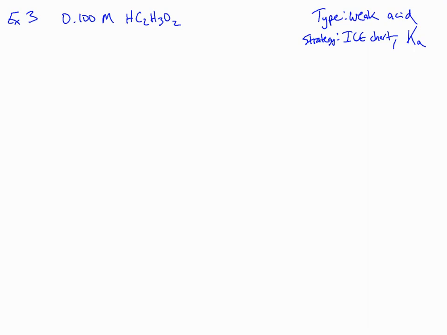It tells us that the acid dissociation constant is 1.8 times 10 to the minus 5. It's basically an equilibrium constant, but it's specific for the acid. So let's go ahead and take a look at it. Let's start with our ice chart.